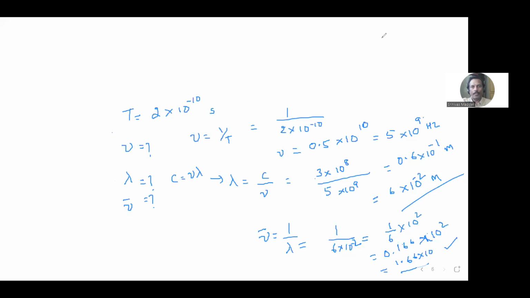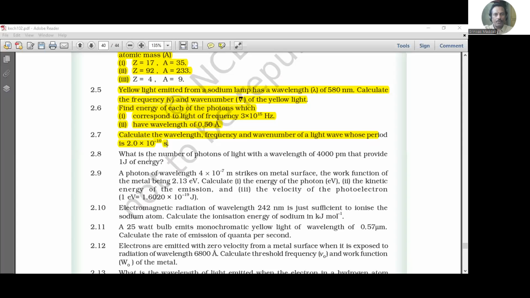So now we'll stop sharing this one. Again, we'll move on to the next slide. That is, what is the number of photons of light with a wavelength of 4,000 picometers that provide 1 joule of energy? This is another interesting problem. You have to do this one.